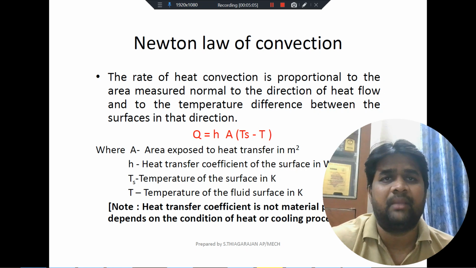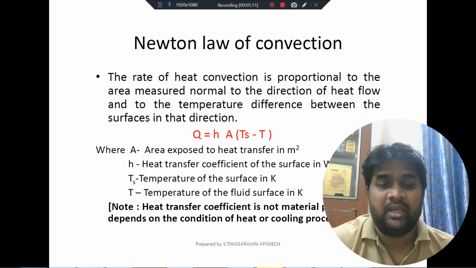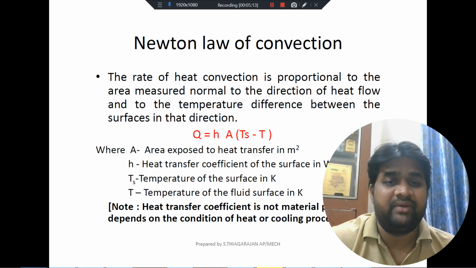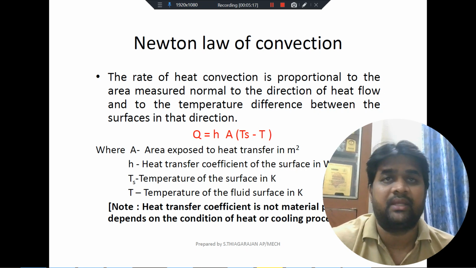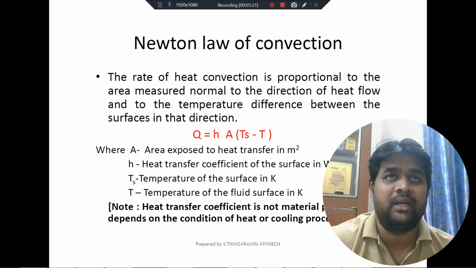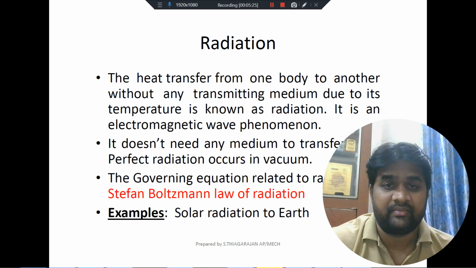It depends on the medium and how the process takes place. It is denoted by watt per meter square Kelvin. The thermal conductivity is a material property, whereas this heat transfer coefficient is a medium property. It depends on the type and the process by which the heat transfer takes place.